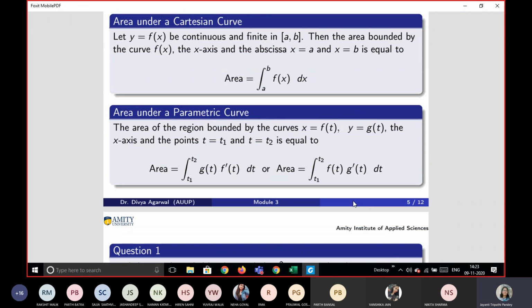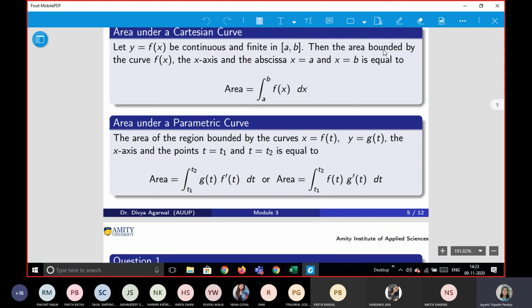Area under a parametric curve is also a similar thing. If you have a function of the type f of g of x, then you use the chain rule, so that when you differentiate it, you get f dash g(x) g dash(x) dx. So the parameter is g(x).